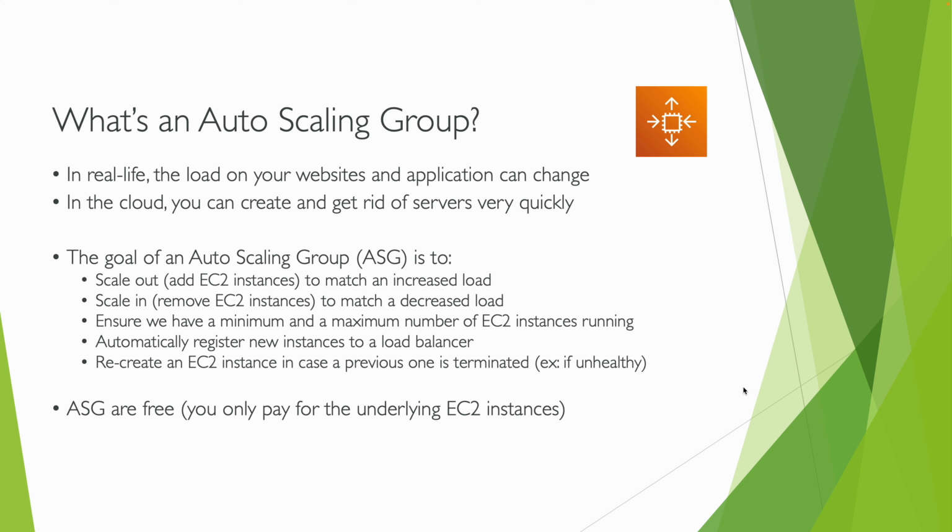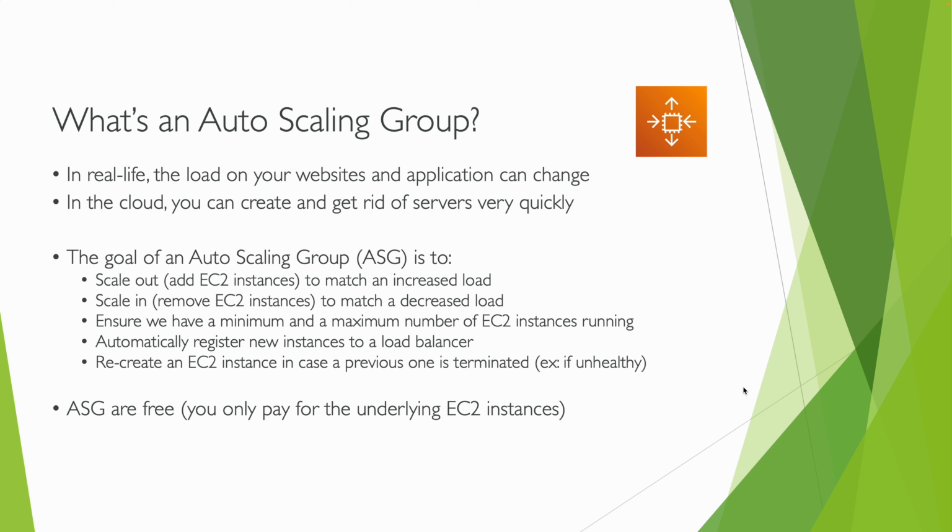The goal of an auto scaling group, which we'll call ASG, is first to scale out. That means if we have any increase in the load, we need to add more EC2 instances. Scale out means adding more EC2 instances to handle the load, to maintain the load.